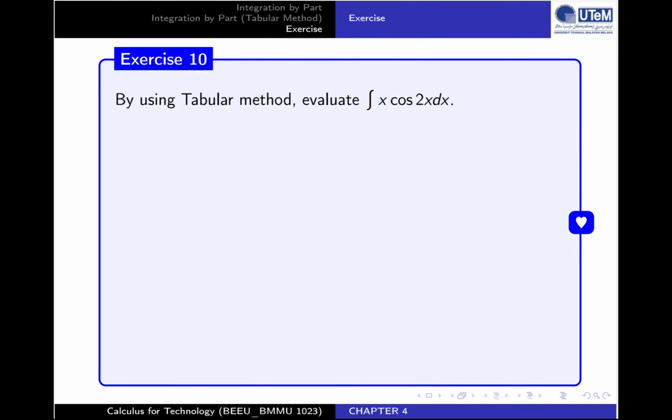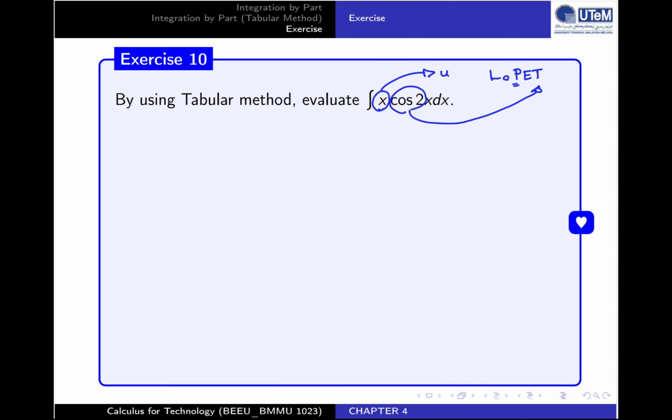Now proceed to exercise 10. By using the tabular method, evaluate the integration of x cos 2x. So between these two functions, which are x and cos 2x, we want to choose the value of u. x is the polynomial, so this one is u. Cos 2x is trigonometric, so you cannot choose it.